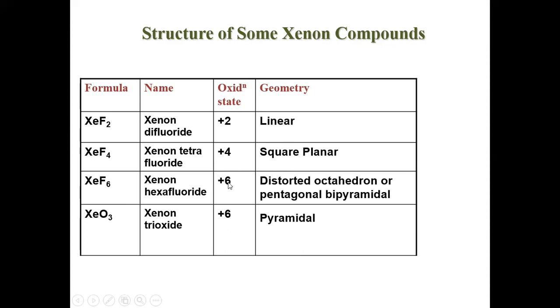Xenon hexafluoride has +6 oxidation state, distorted octahedron or pentagonal bipyramidal shape. Xenon trioxide, the xenon is in the +6 oxidation state with pyramidal structure. Later on I'm going to give you the hybridizations and the geometry.